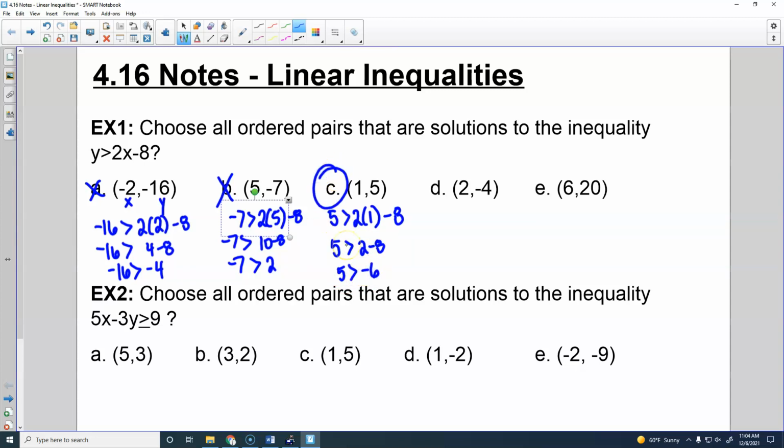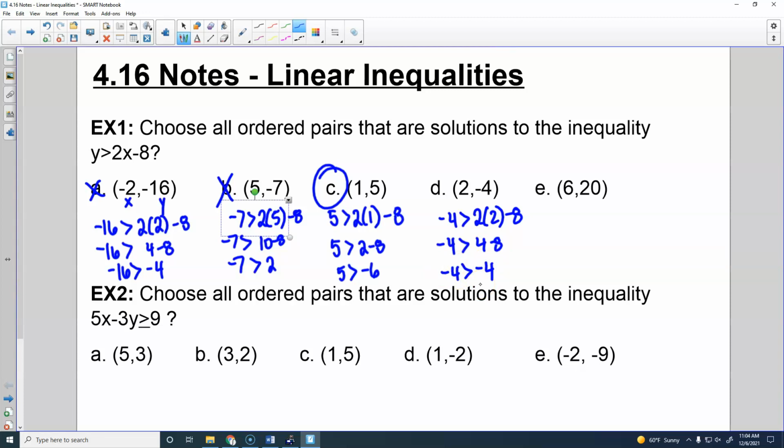So there's an answer. It says there could be more than one answer for these, so we need to check more. I've got -4 greater than 2 times 2 minus 8. So -4 greater than 4 minus 8. -4 greater than -4. That's not greater than -4, right?